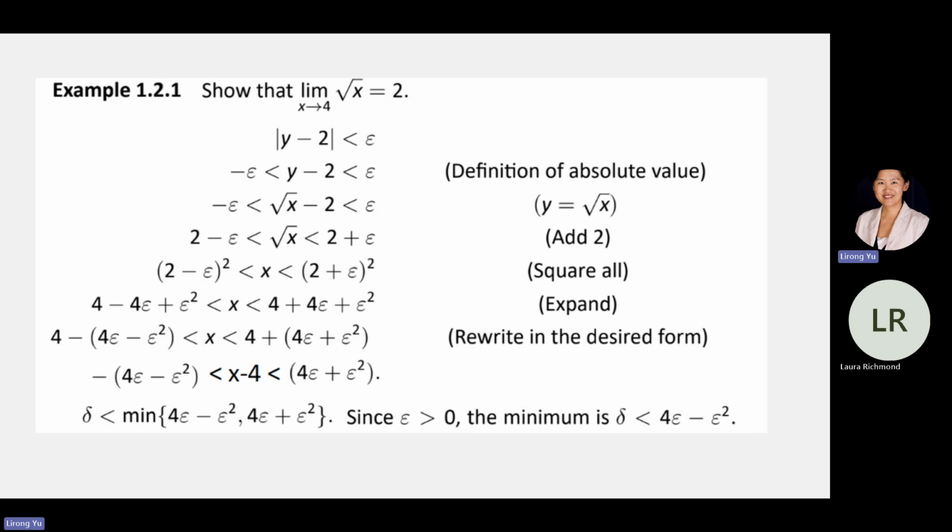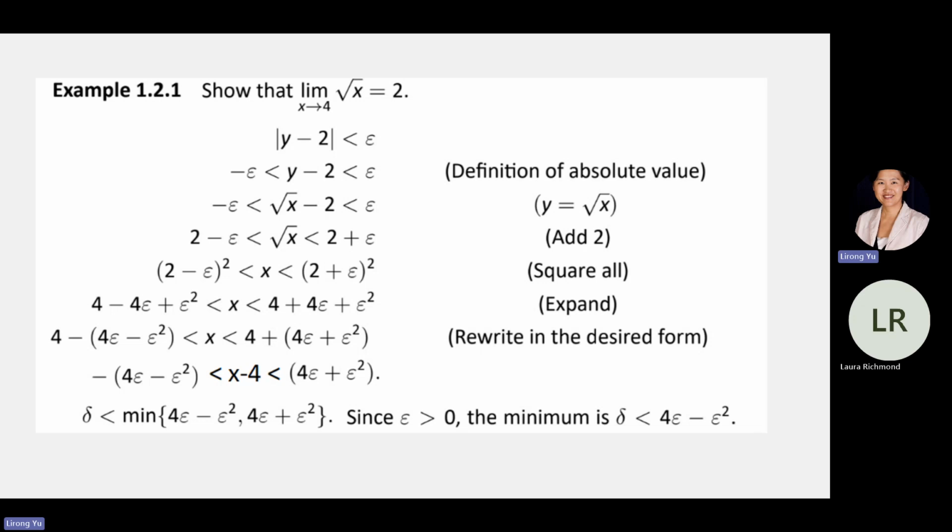So we would say whichever is smaller between 4 epsilon plus epsilon squared and the opposite of that one, 4 epsilon minus epsilon squared. We don't know which one is bigger, which one is smaller, because we haven't really calculated. The epsilon is arbitrary, so it could be this one bigger, it could be that one bigger. You never know until you actually pick the epsilon. Right now, because epsilon is arbitrary, delta is in a sense also arbitrary. We don't know what delta is, but we have a formula for its computation.